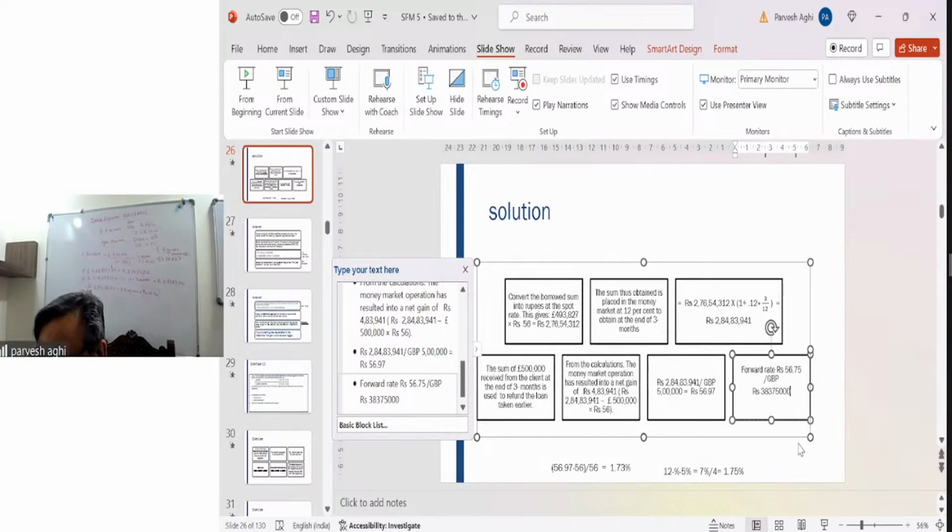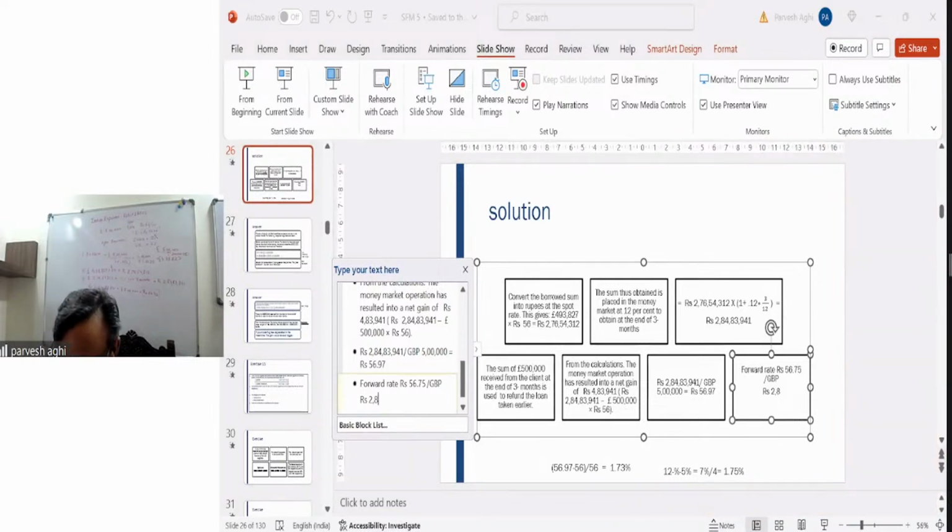Okay, so if this was the forward rate, then you would have got 2 crore, it's 2 crore 83 lakhs 75,000.